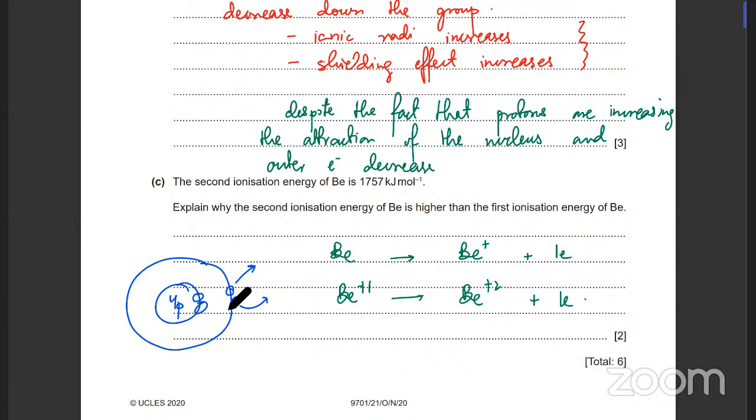Both of them are going to be in s as well. Okay, the effective nuclear charge point makes sense. What happens? It becomes easier to remove electrons from B that is neutral, and harder to remove electrons from B that has a +1 charge.